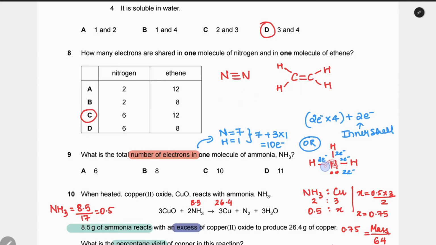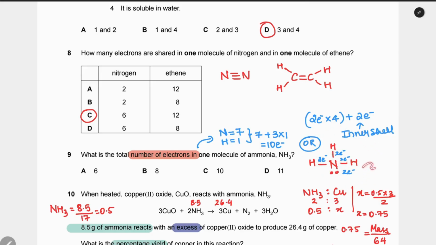So 5 electrons are being shared, 1, 2, 3, 4, and 5. Along with that we have 3 hydrogens carrying 1 electron each. Between nitrogen and hydrogen, there are 2 electrons in each covalent bond. So 1, 2, 3, 4, 5, 6, 7, and 8.